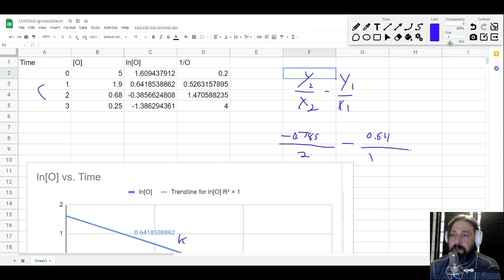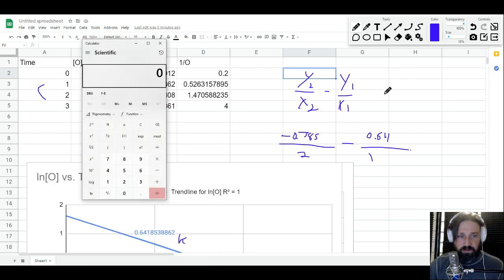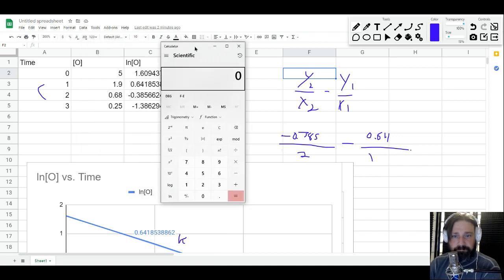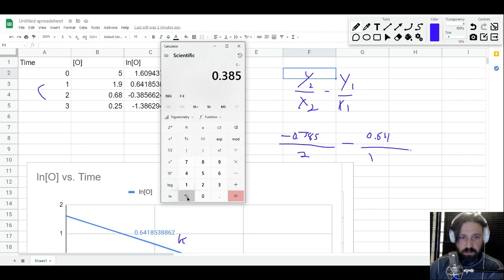I don't remember. No, that's right. I feel like I did this backwards, though. Negative 0.385 divided by 2, minus 0.64.